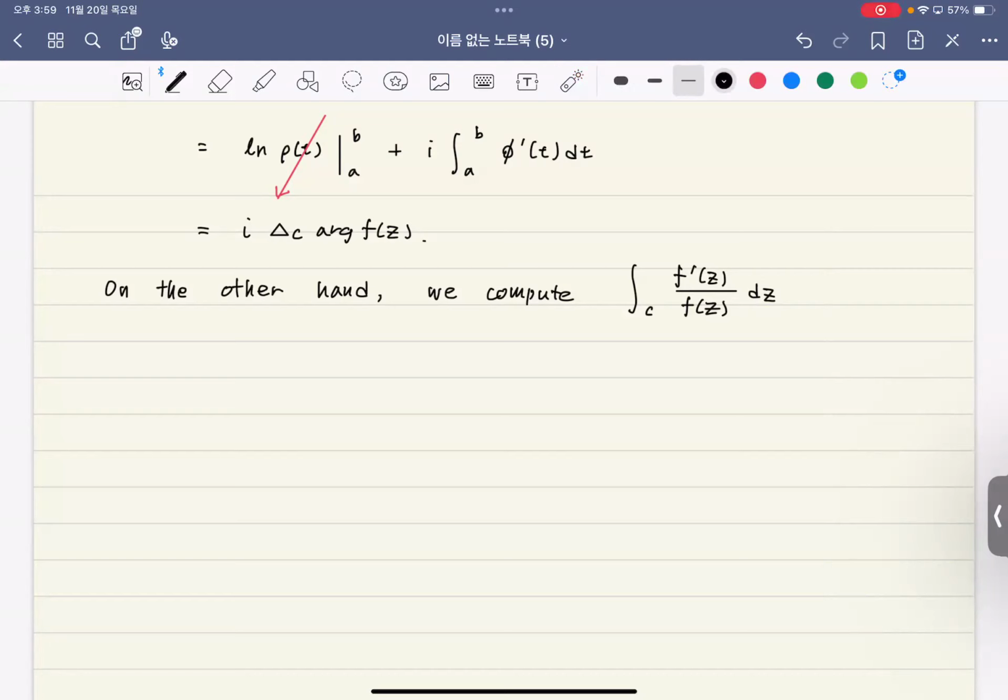And by the way, I forgot to mention just one more thing. We are assuming that f of z has a finite number of zeros and poles inside of C. Therefore, this integrand function f prime over f also must have the same finitely many poles and zeros inside of this guy. Okay.